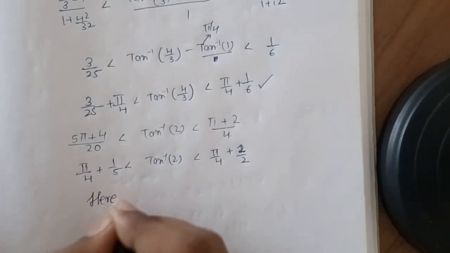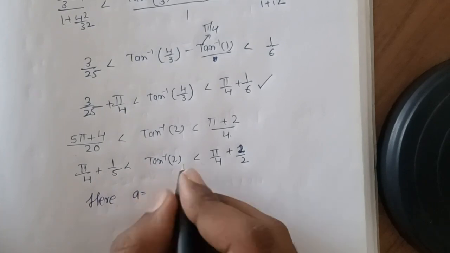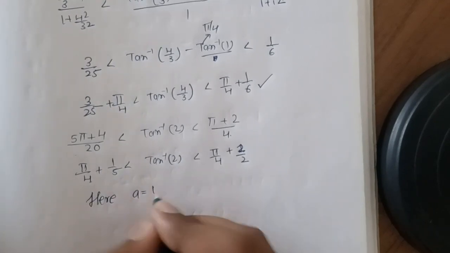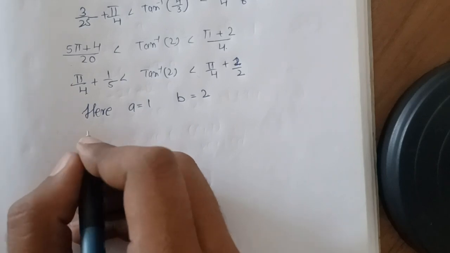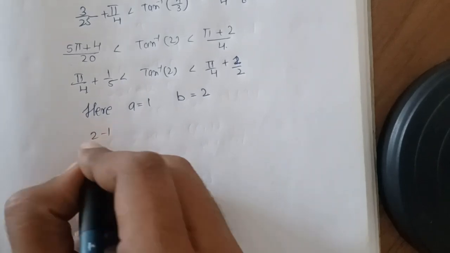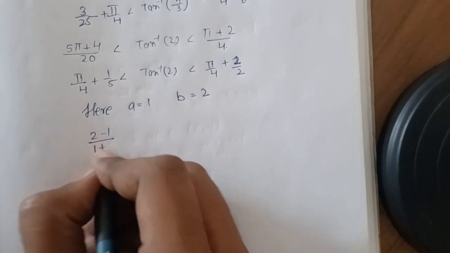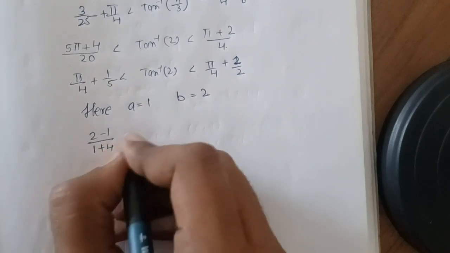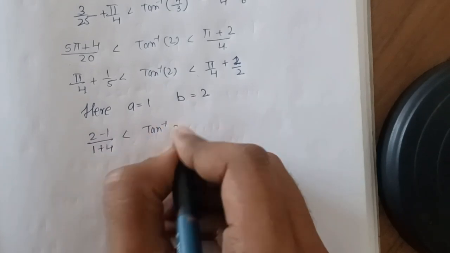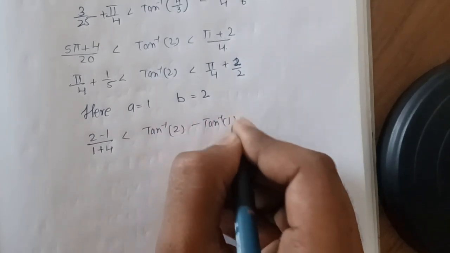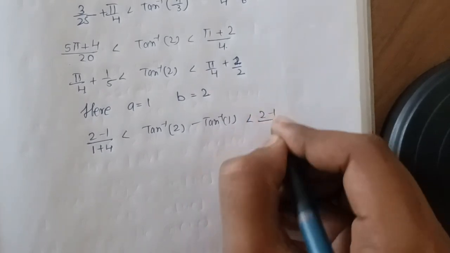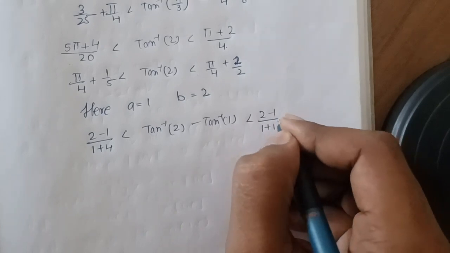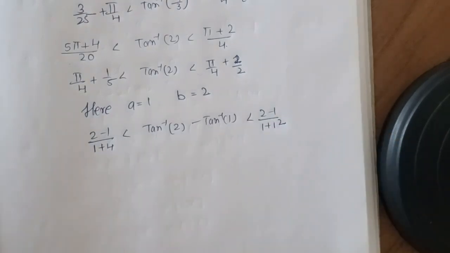Here a is equal to pi by 4, then a is equal to 1, then b is equal to 2, the same as how we did above. Then we continue below also. Then b minus a, 2 minus 1 by 1 plus a square, and tan inverse 2 minus tan inverse 1, and b minus a, 2 minus 1 by 1 plus a square, that equals 1 square.